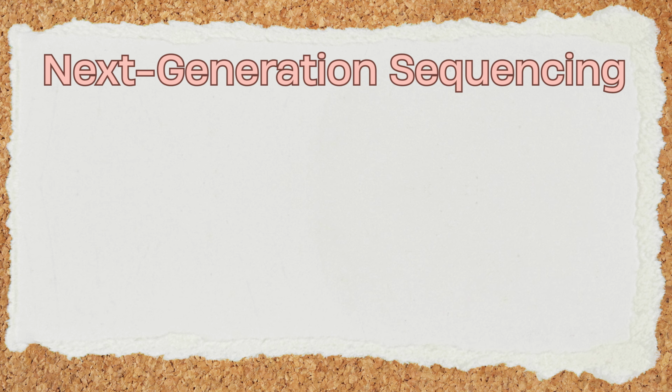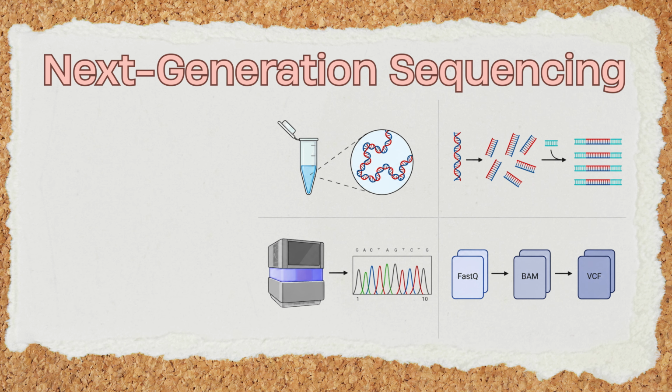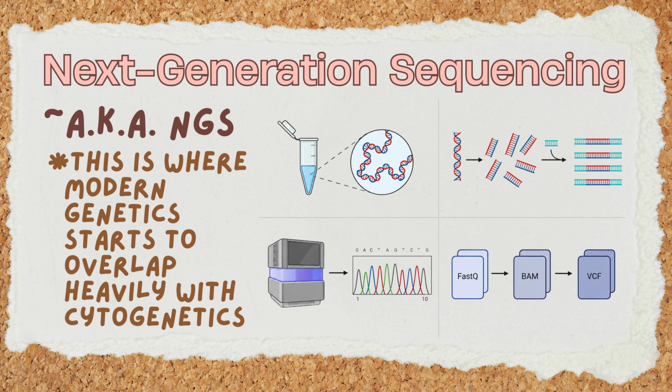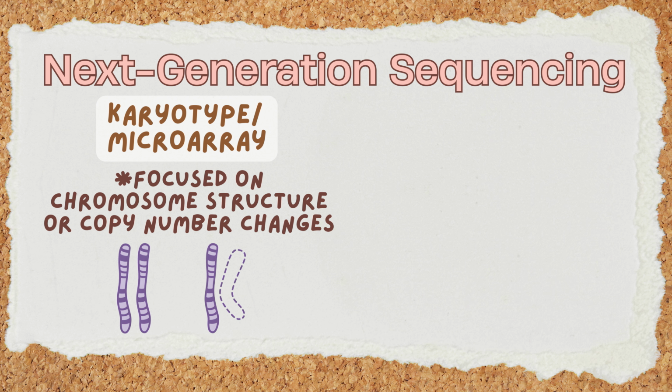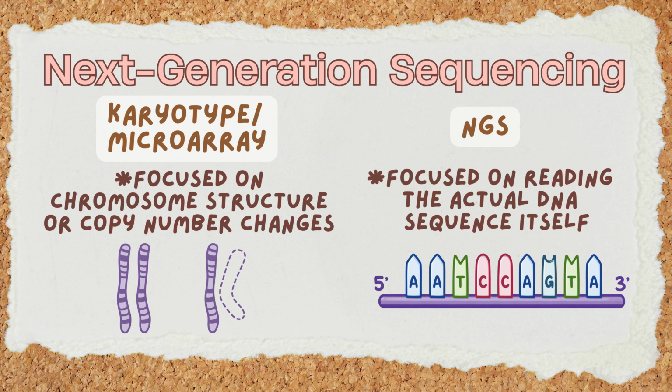Finally, let's talk about next-generation sequencing, or NGS, because this is where modern genetics starts to overlap heavily with cytogenetics. Unlike karyotyping or microarray, which primarily look at chromosome structure or copy number changes, next-generation sequencing is focused on reading the actual DNA sequence itself.